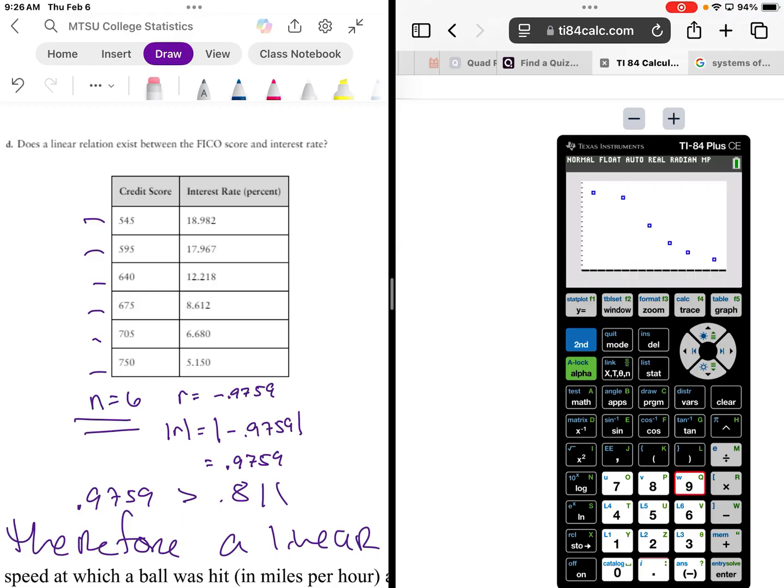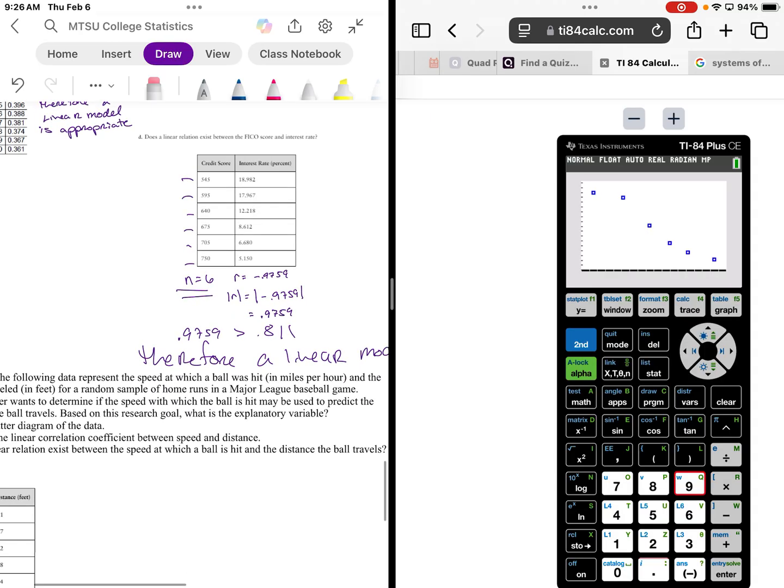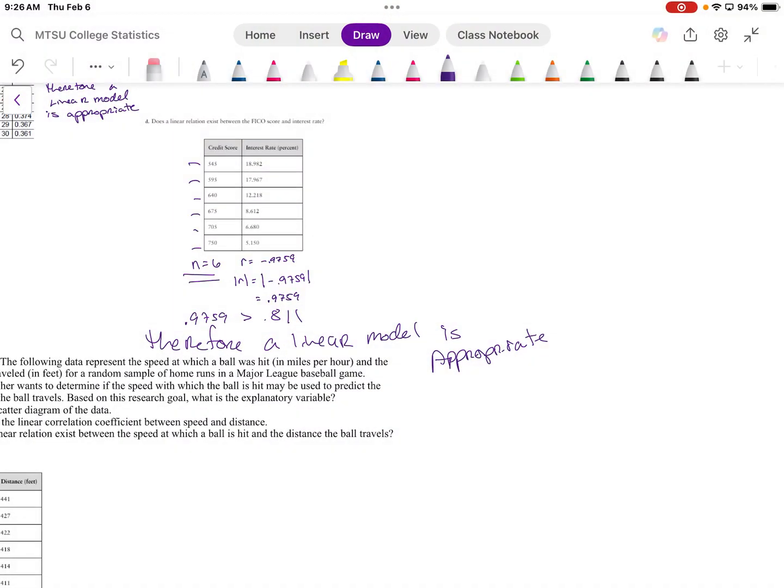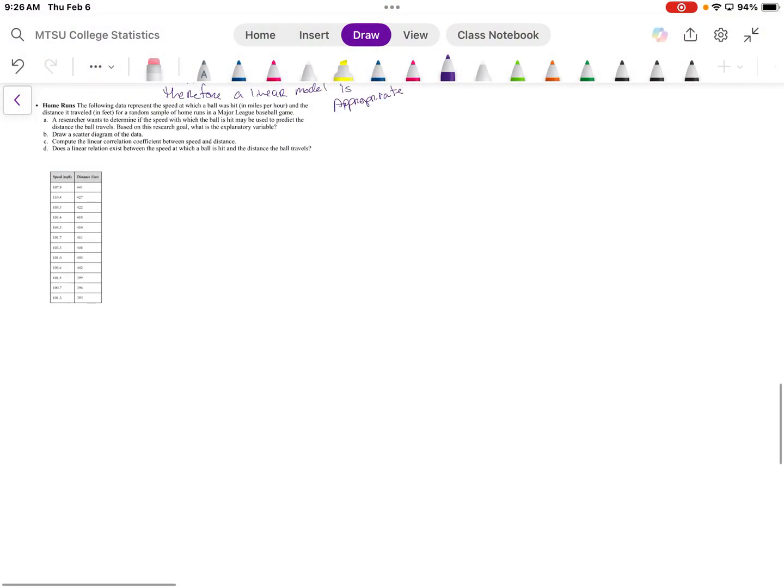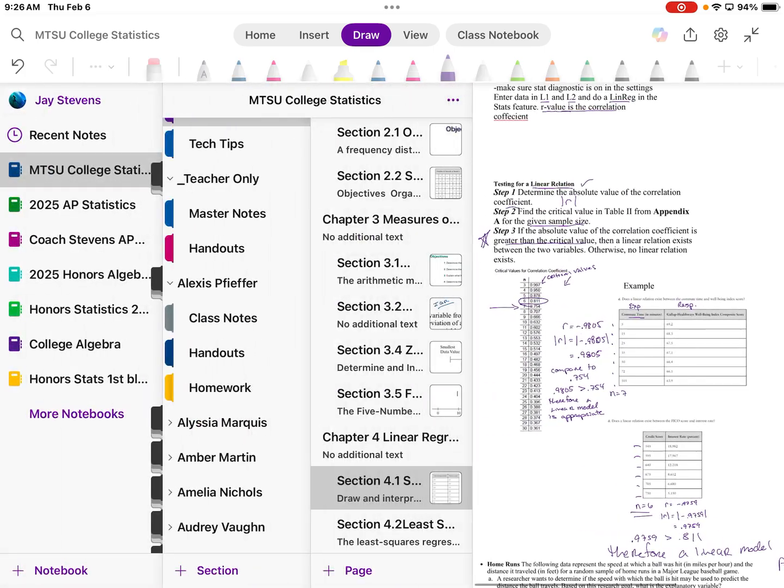And that's why we see all these things on ads about increasing your credit score, because then when you go to buy a car or you go to buy something and you have to finance it, you get a better interest rate as they go to charge it. So, all right. That again, the last one, if you want to do it, you can do it. If we get time, we can come back to it.